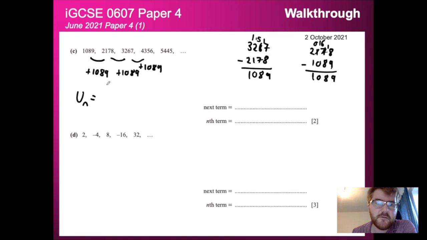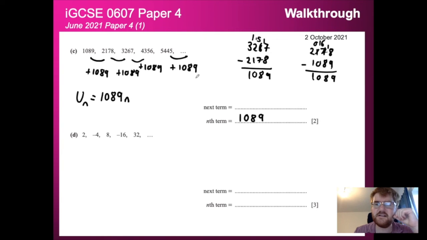The nth term is equal to 1089n. And then we ask ourselves, what do we do to 1089 to get to 1089? The answer is nothing. So that is going to be our nth term, 1089n.